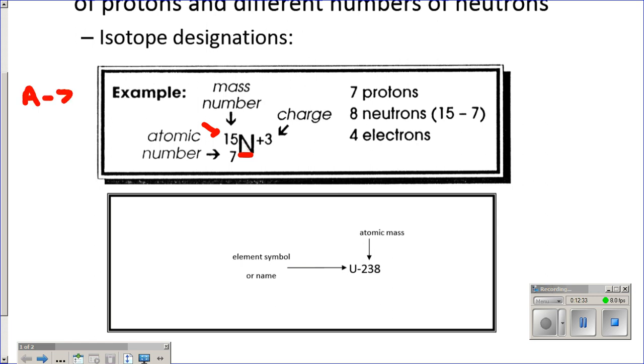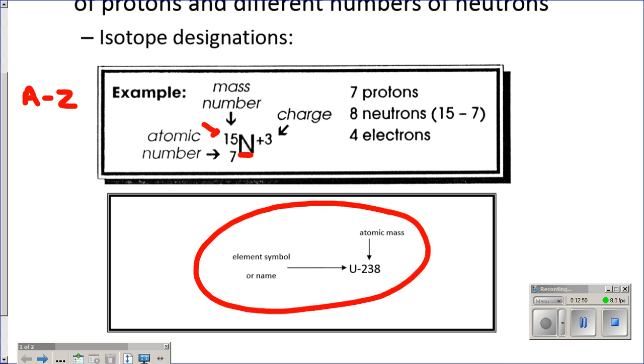Sometimes they'll identify an element by its Z number. Its atomic number is the Z number. So we have A above Z, mass over atomic number. This is another way of indicating an isotope. And here we have the symbol of the element or the element name and the atomic mass. On this you'd have to get the atomic number from the periodic table.